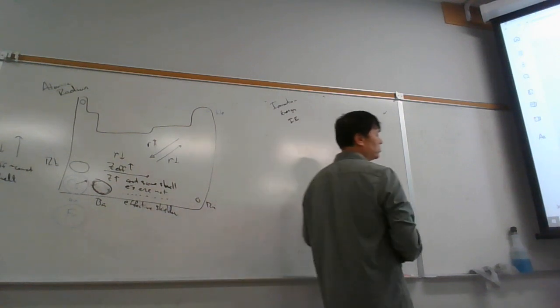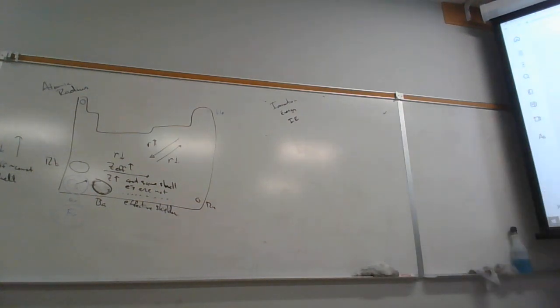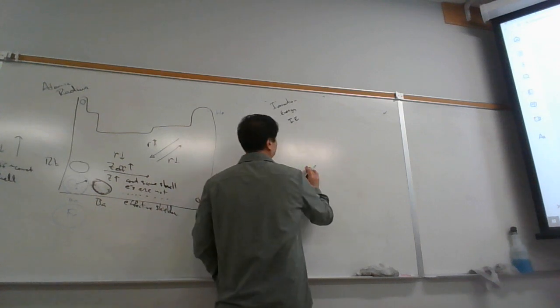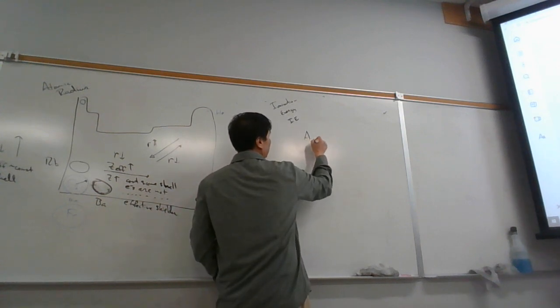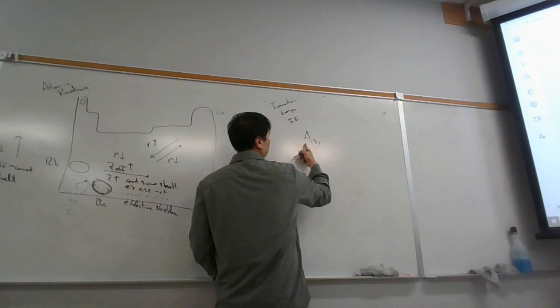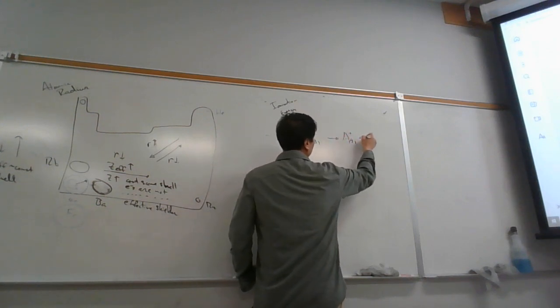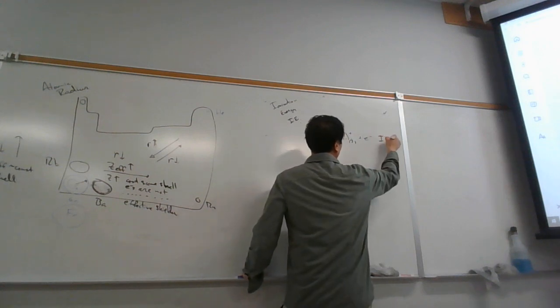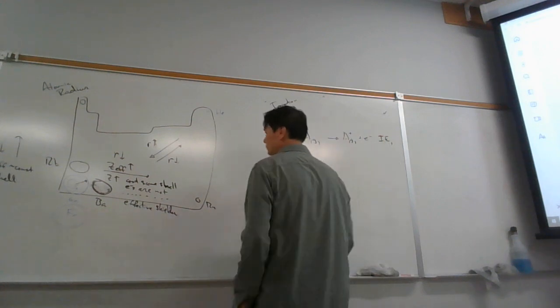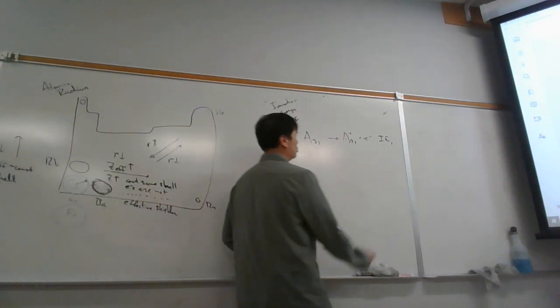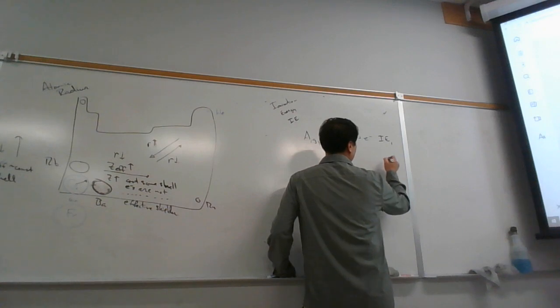Your book uses E sub I, meaning energy of ionization. We just use IE. Ionization energy is when we take a gaseous atom and just strip an electron off to make a gaseous cation. This is what we'll call IE1. Okay, IE1, and then there's 2, 3, etc.